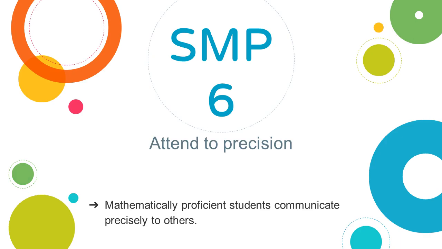The standard for mathematical practice number 6 is attend to precision. Mathematically proficient students try to communicate precisely with others. They specify units of measurement, they calculate efficiently and accurately, and express numerical answers with the degree of precision appropriate for the problem context.